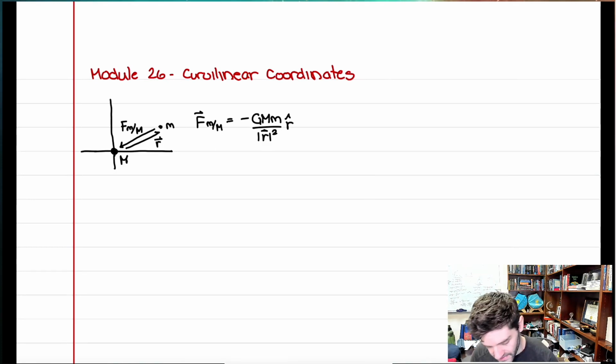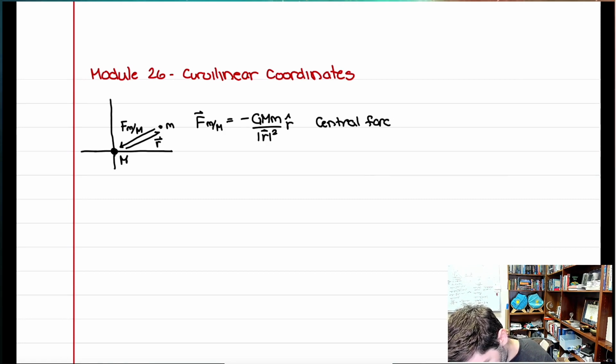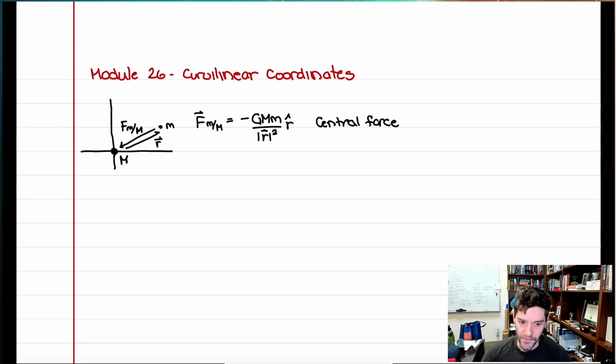So in this case, this is an example of a central force, or a center-seeking force. Most books dedicate entire chapters to studying the properties of these center-seeking forces. Let's just look at a few of the properties here with Newton's law of universal gravitation.